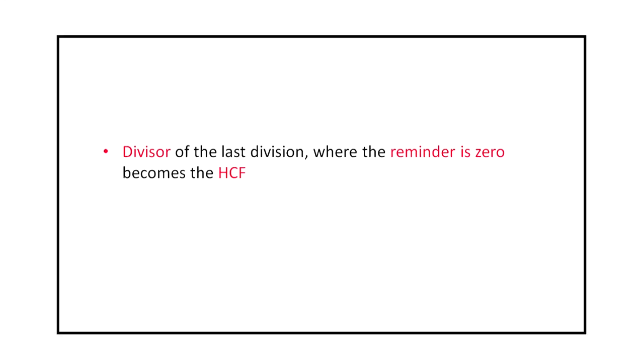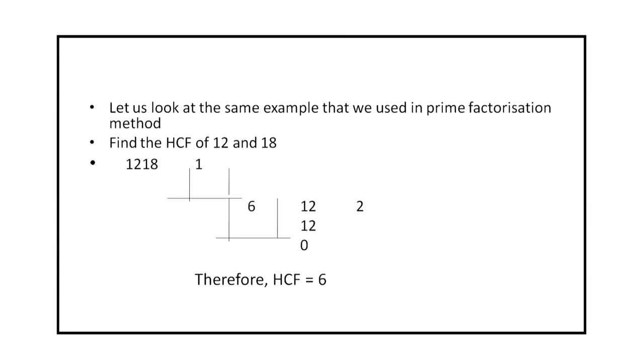The divisor of the last division where the remainder is 0 becomes the HCF. So, by the end of the division, we need to determine the divisor in which the remainder becomes 0 as the HCF. Let us look at one example to determine the highest common factor using the long division method.